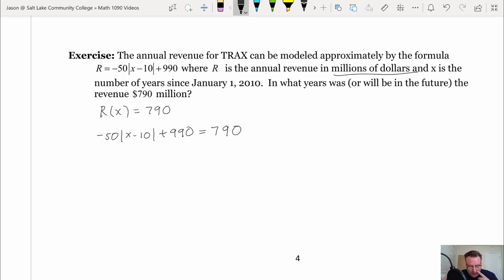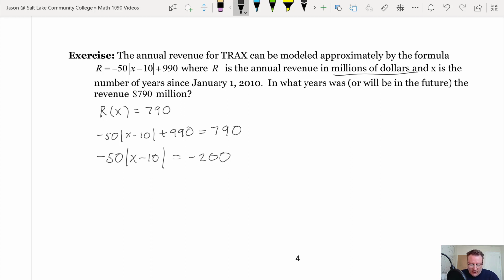But before I break it up, I need to isolate the absolute value expression. So I'm going to subtract 990 from both sides. I get negative 50 times the absolute value of x minus 10 is equal to, and 790 minus 990 will be minus 200.